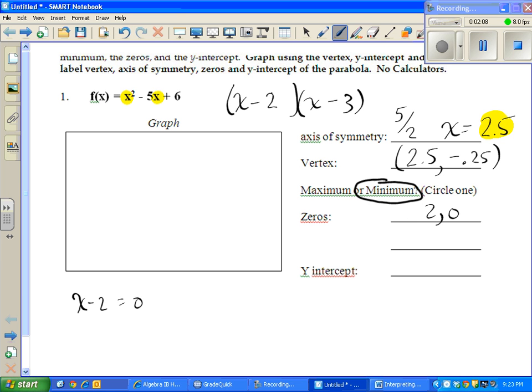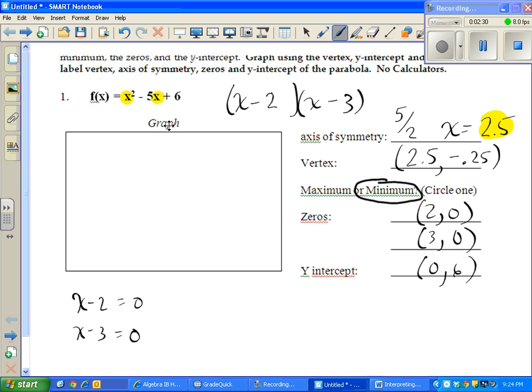So the first zero is 2, and for the second part, we set it equal to 0, we get 3. The y-intercept is very simple. It's always the c value. So we get (0, 6) as our last point. Done with our information.